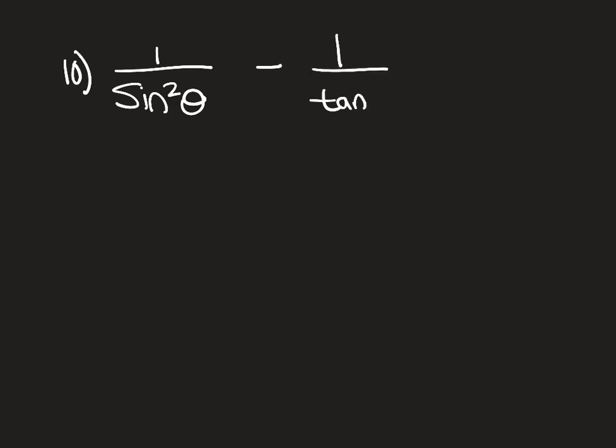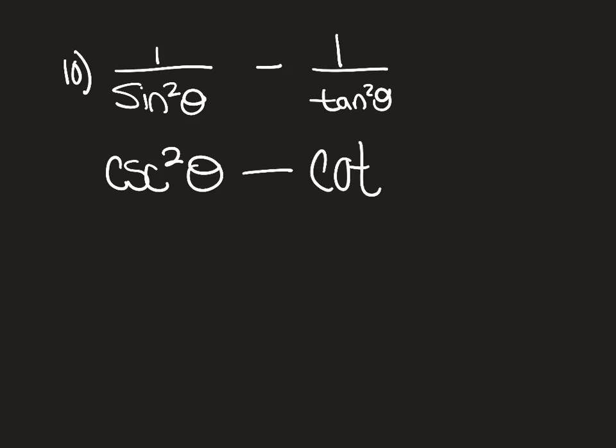Oh, number 10 has fractions. We got this, guys. So I'm going to have 1 over sine squared theta minus 1 over tangent squared theta. So 1 over sine is cosecant. So 1 over sine squared is going to be a cosecant squared theta. Minus 1 over tangent is cotangent. So 1 over tangent squared is a cotangent squared theta. And this is a Pythagorean identity in disguise.